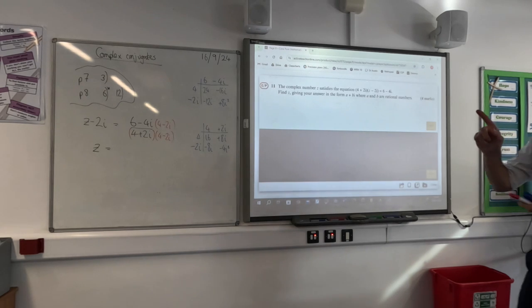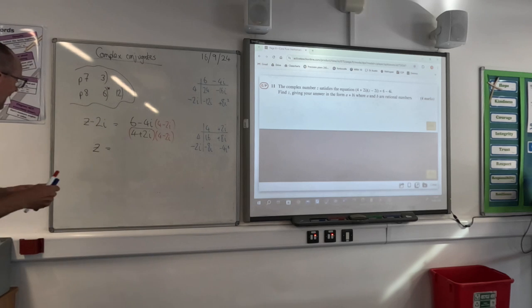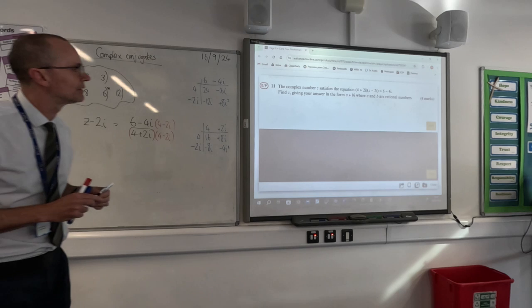But this is going to tell us what z minus 2i is. So we just would then need to add 2i to get what z is. And z, as I said, is a complex number.